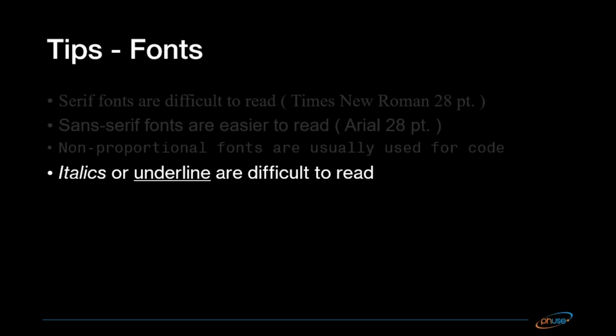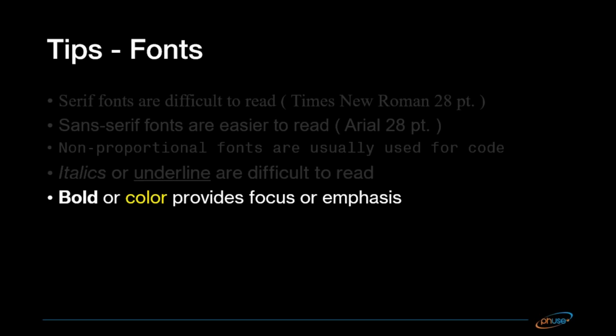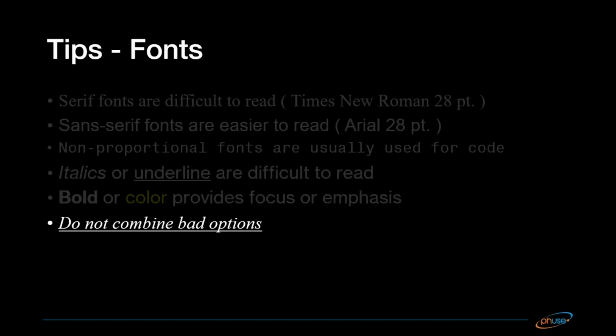Italics and underline are generally difficult to read on the screen, so I would advise you not to use them, or to use them very sparingly in what you're presenting. You can use bold, you can use color, as I've mentioned earlier, to provide particular focus. But try not to combine bad options. So bold or italics and underline together is definitely not a good idea.